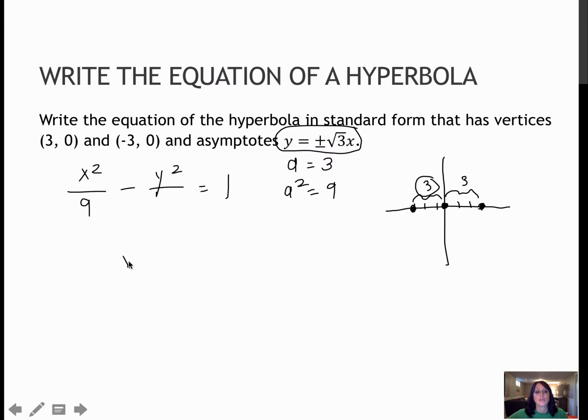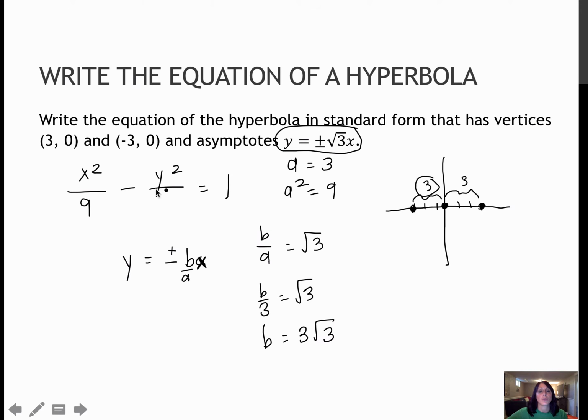The equation of my asymptote is plus or minus b over a x, which means that b over a is equal to radical 3. A is 3, so this is b over 3 equals radical 3, which means b must be 3 radical 3 by multiplying each side by 3.